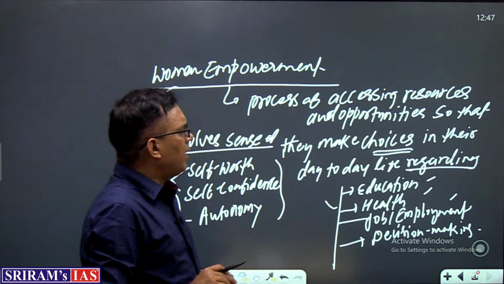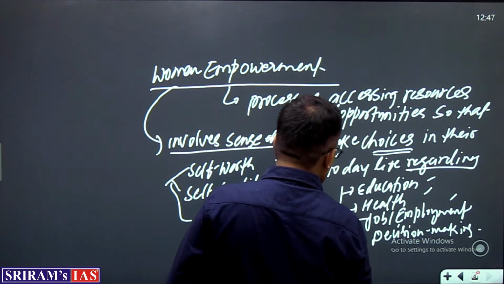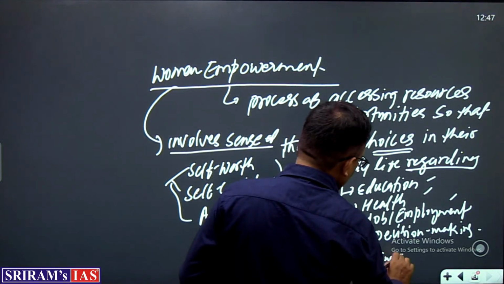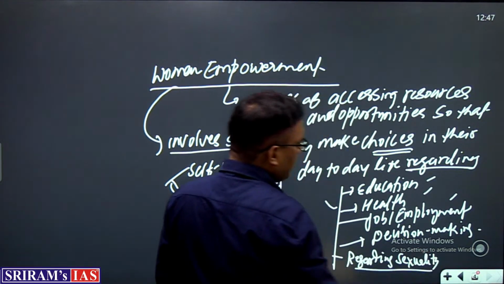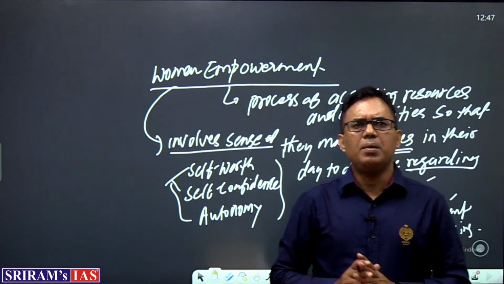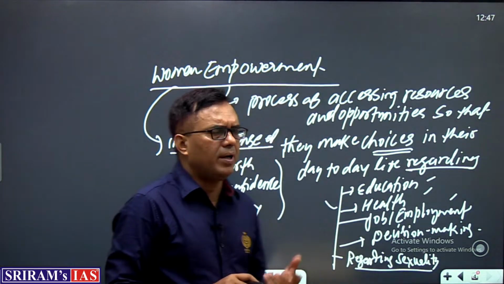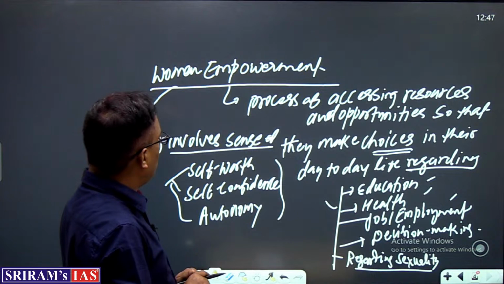We can also mention one more term over here, regarding sexuality. Today it is considered that it is also very important, because now the woman movement has this demand that they should have control over their own sexuality.